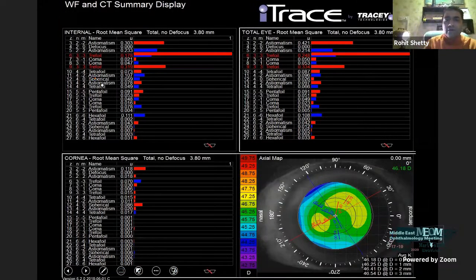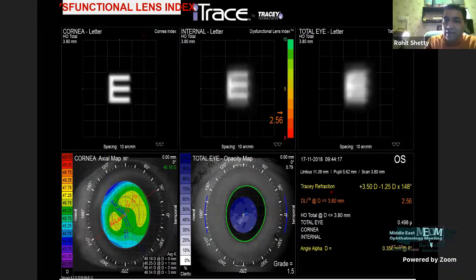This is important because when you're treating a patient who is now close to 35, 38 years, your lenticular aberrations have already set in. iTrace gives you something called the DLI, the dysfunctional lens index, where you're looking at the aberrations of the lens.